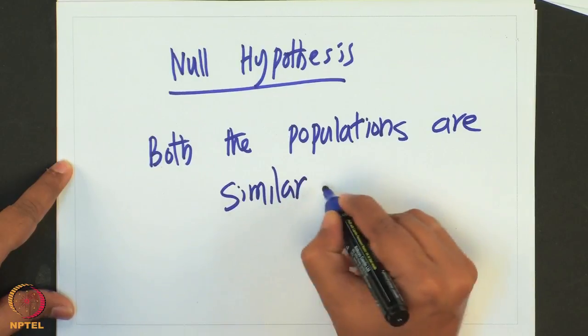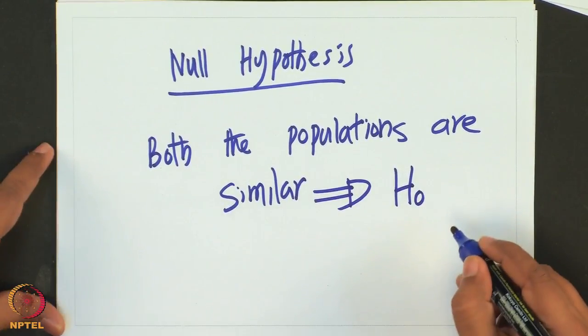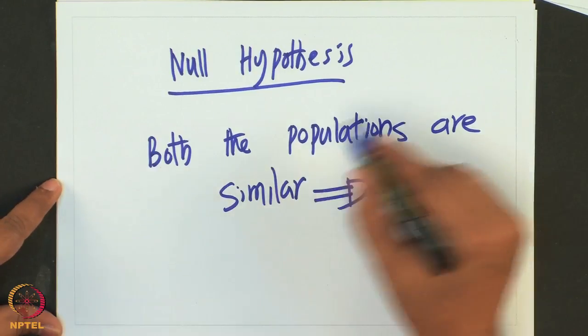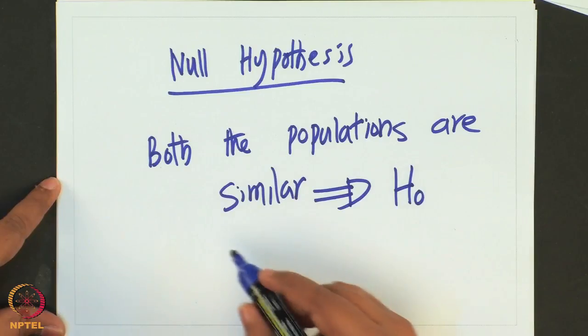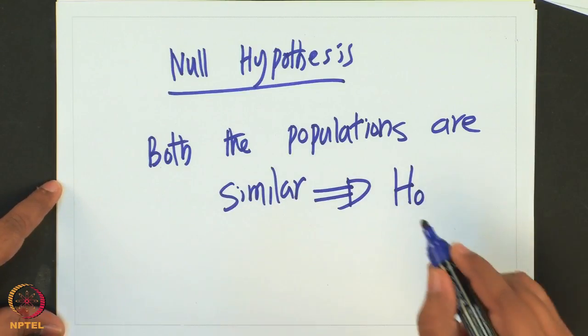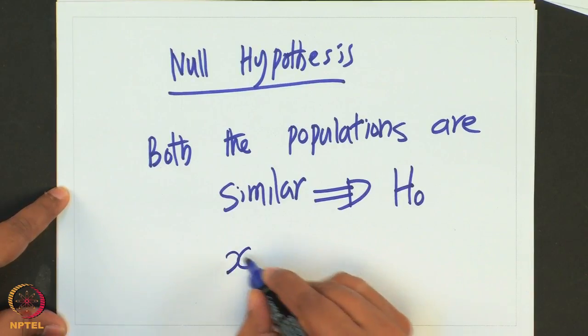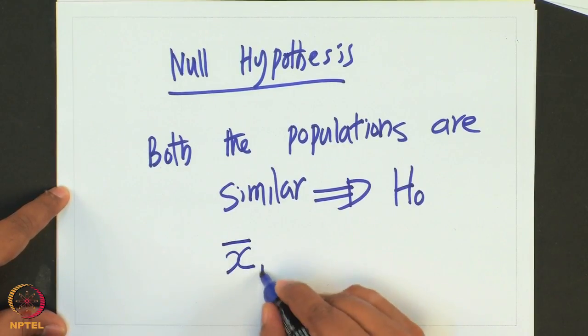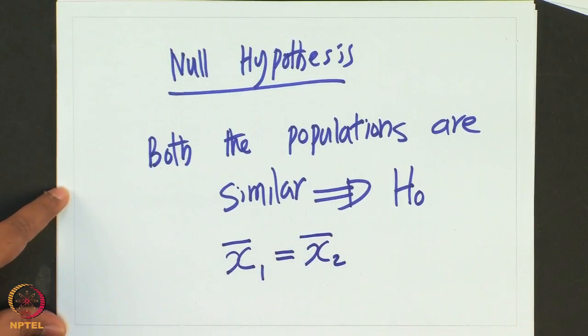That is the null hypothesis typically one would start with, which is called H0. Both populations, which would also mean the mean from the first population is equal to the mean from the second population.